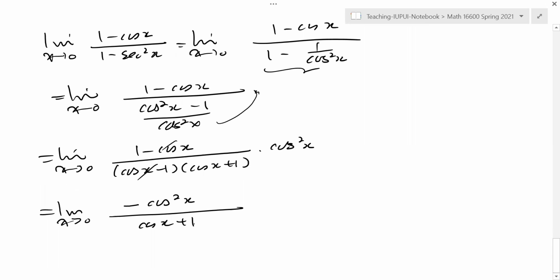Now you cannot simplify further. But if you plug 0 into the numerator and denominator, you will not get 0 over 0, right? Instead, you will get negative cosine squared 0 over cosine 0 plus 1, so it's negative 1/2 because cosine 0 is 1.